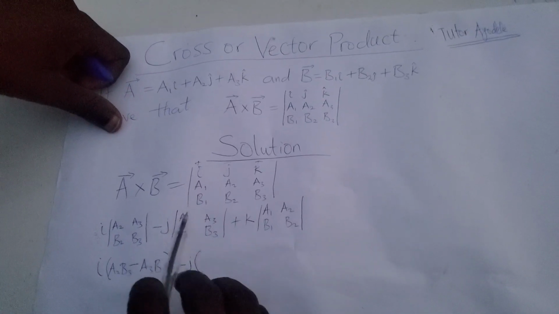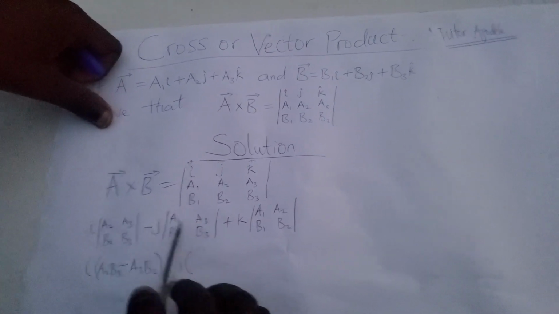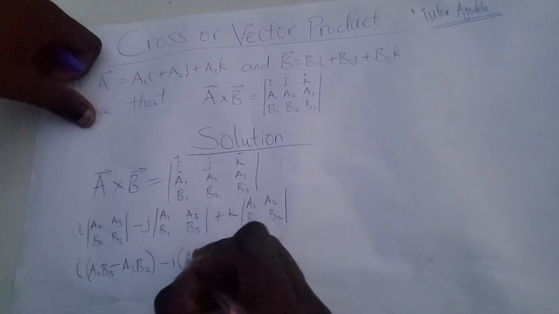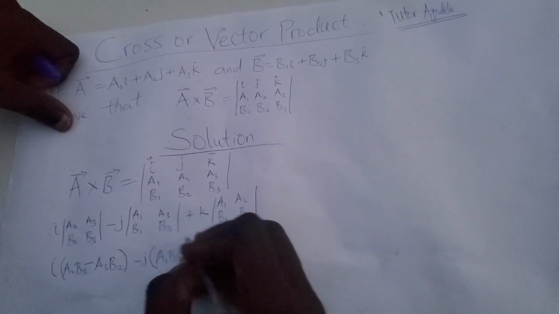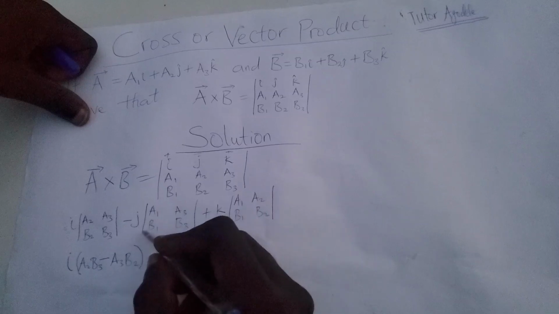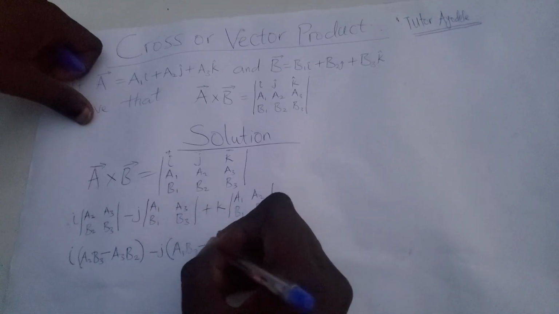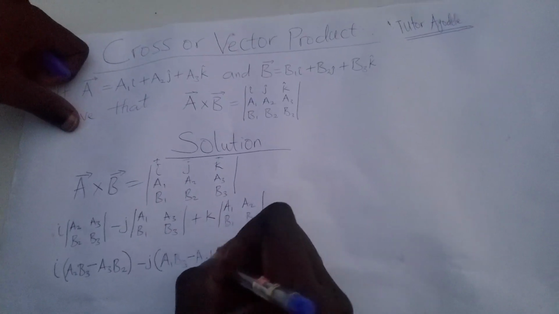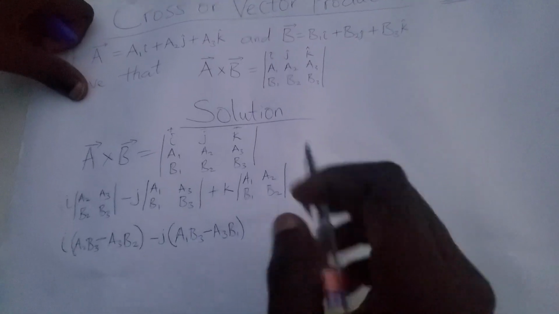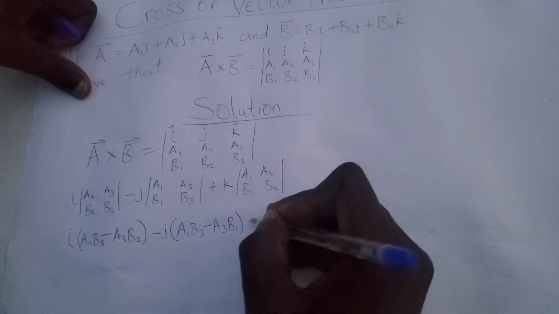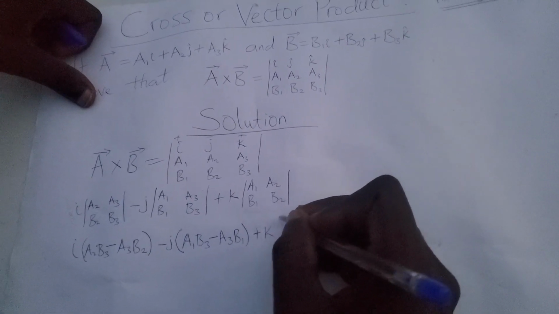Minus J into brackets: major, A1 B3, minus this minor, A3 times B1, A3 B1. Close the brackets. The same thing applies to this one, we have plus K into brackets.